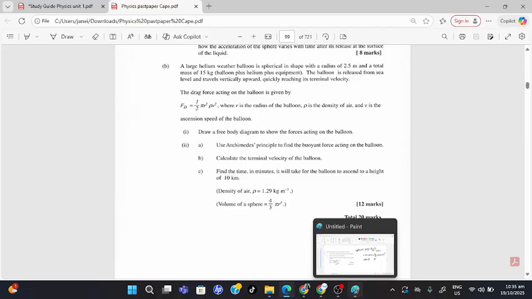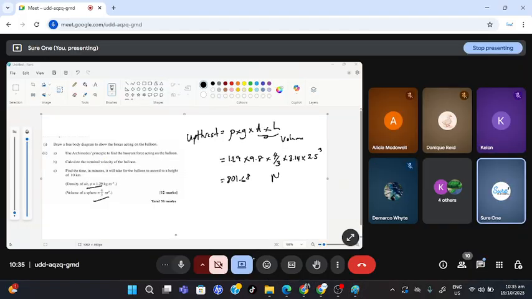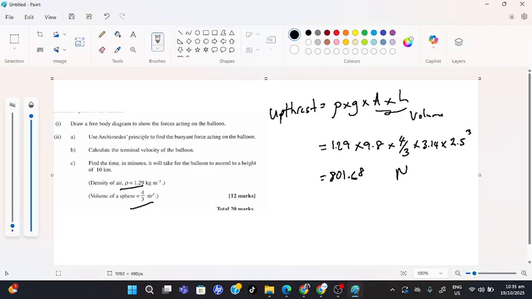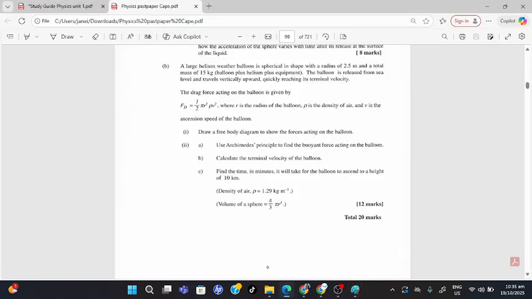Ready? Calculate part B. Okay, thumbs up. Now we're given this equation. Give me a second, let me write the equation.